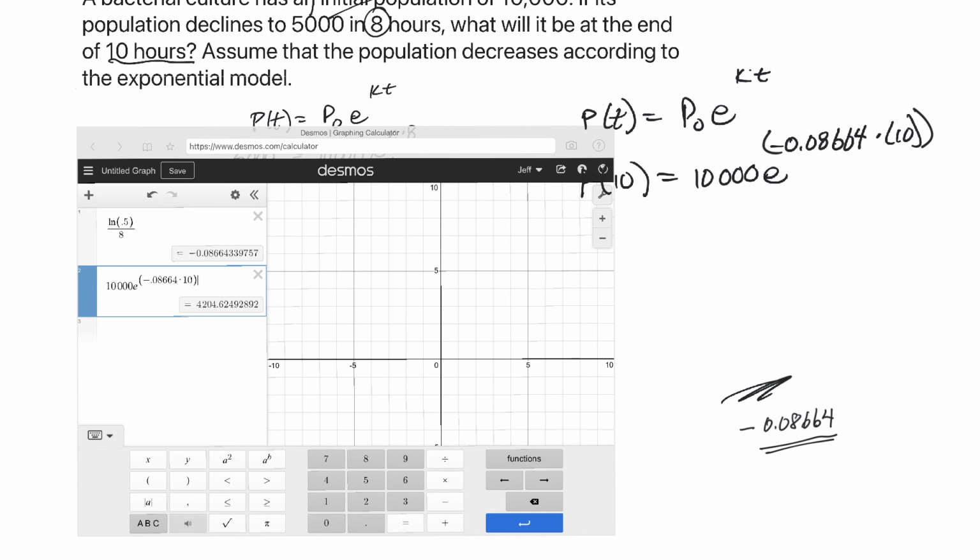Let me look at that. Is that right? 10,000 e to the negative... Yep, good. So 4204, call it 4205. So the population after 10 hours will be 4205.